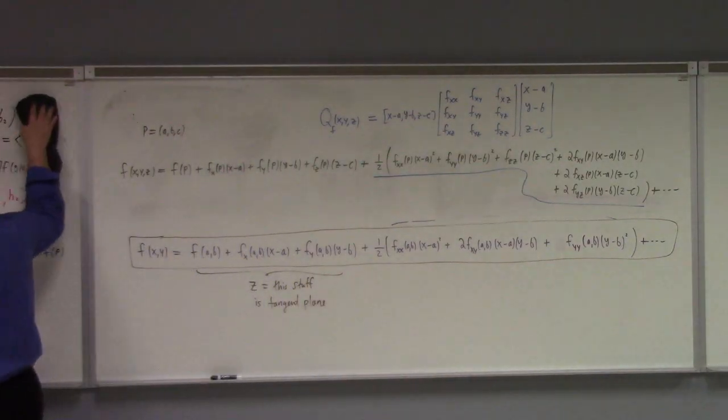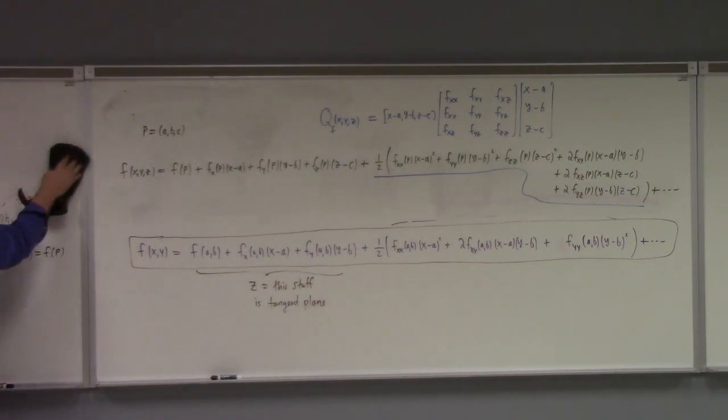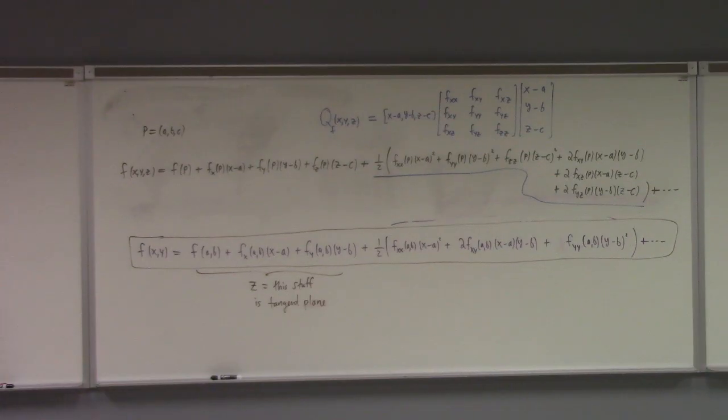So I'm going to give you a power series. I want you to tell me the values of the derivatives without actually differentiating. And let's do something other than the origin for a change.